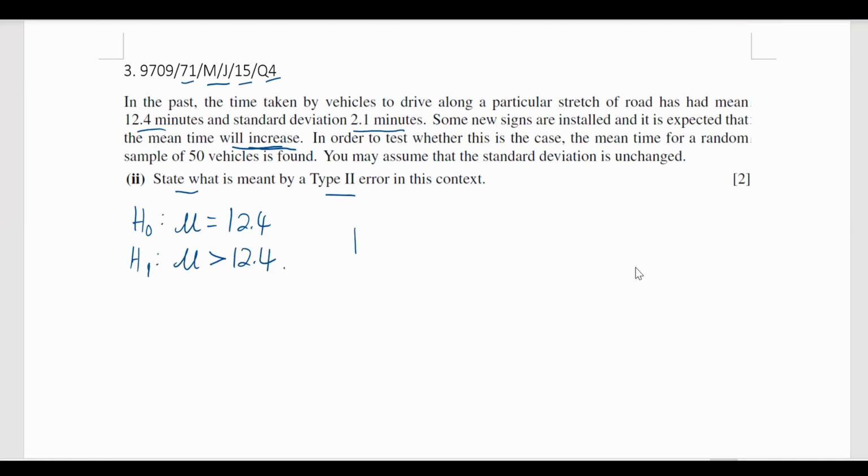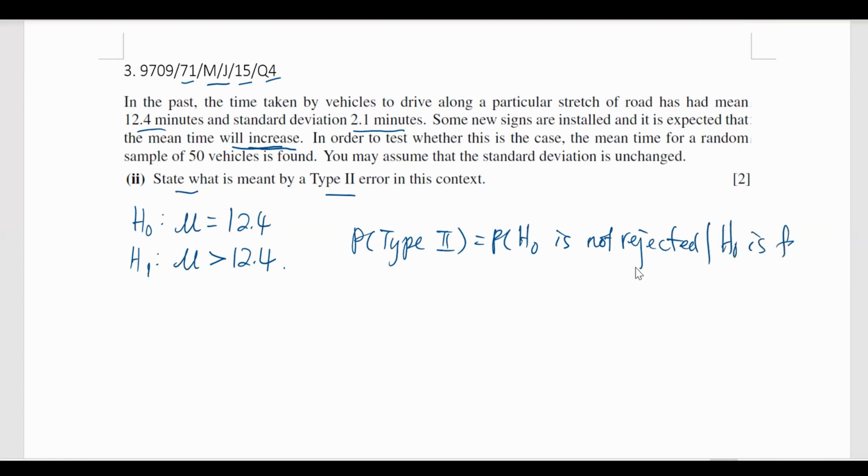Okay, so again, type 2 error is when H0 is not rejected when H0 is false. That is why it is an error.